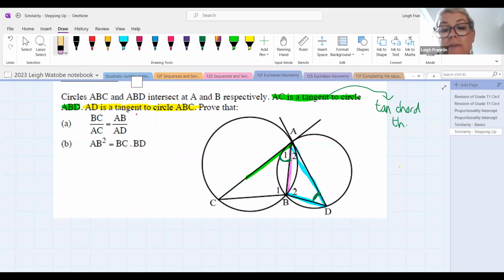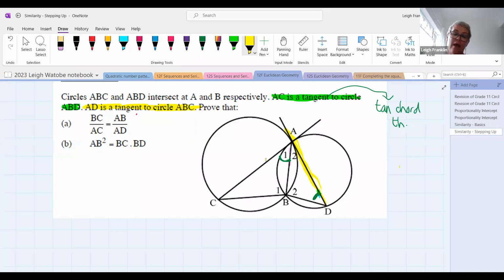So let's rub out these lines over here. We'll leave the angles that are equal because we obviously need those for similarity. Let's rub that one out as well. Okay, and let's highlight AD. So AD is this line over here, and it is a tangent to the big circle.